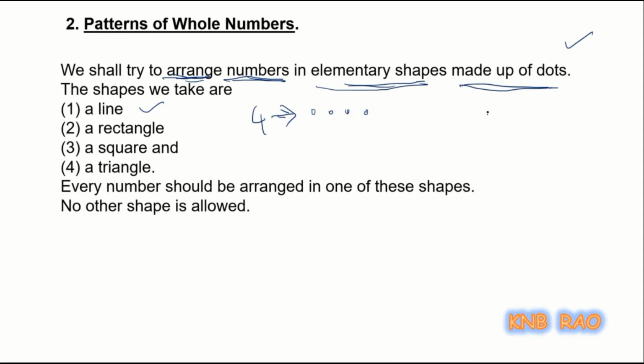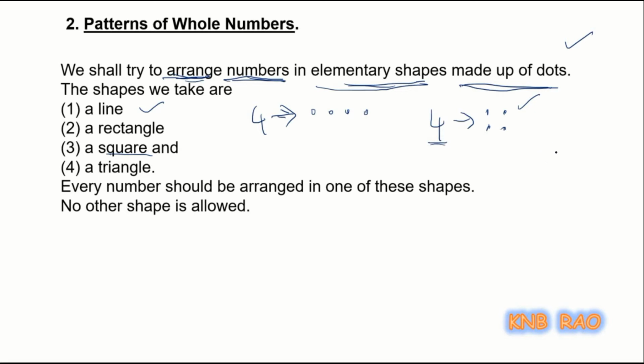If I arrange it like this, it is a square. Same 4 I arranged it as a square. So we call few numbers which are arranged as a square, square numbers, means we can arrange them as square numbers. Can I arrange 5 as a square?